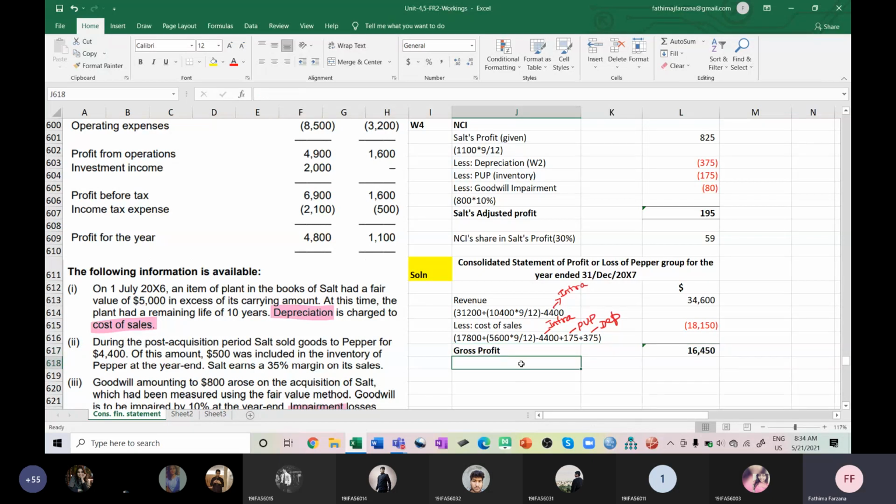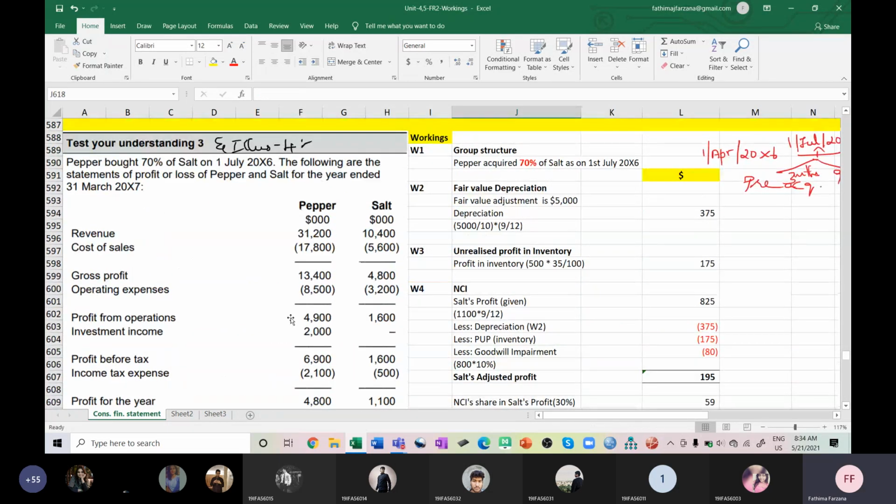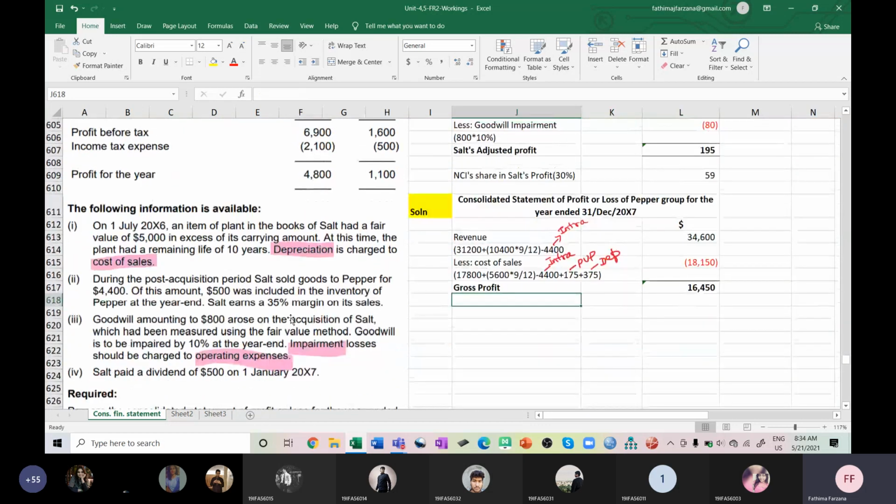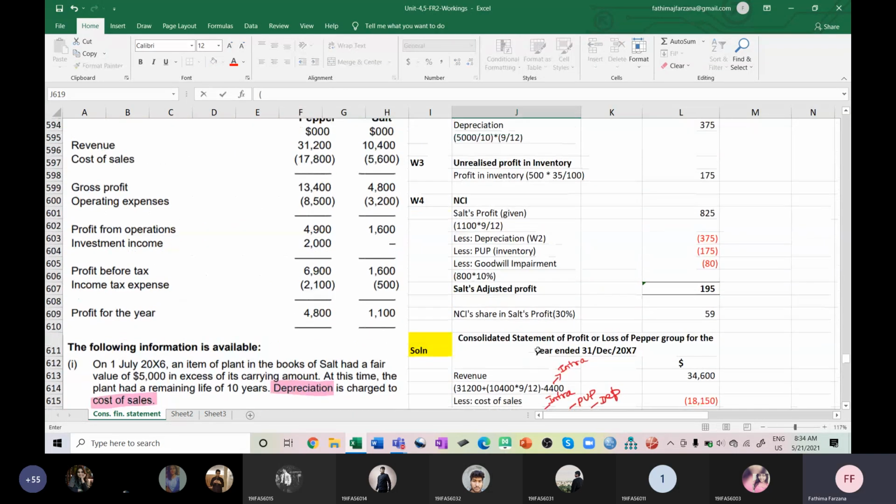Let me see what is the next item here. Operating expenses 8,500 and 3,200. What should I do? Tell me, what are the amounts I should take? And a bit faster.